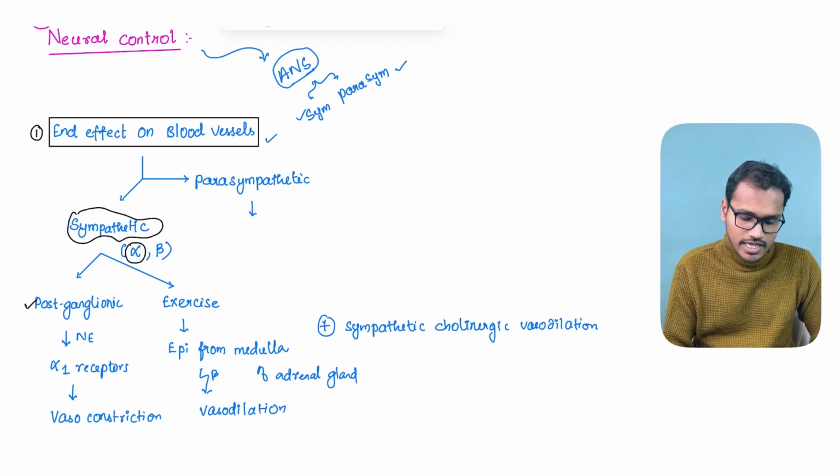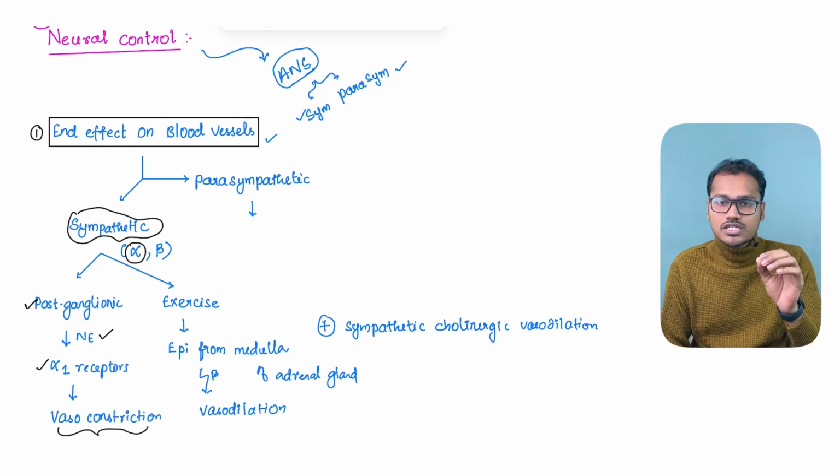Most of the postganglionic neurons release norepinephrine, a sympathetic neurotransmitter. They act on the alpha-1 receptors and cause vasoconstriction, increasing the blood pressure of the person.